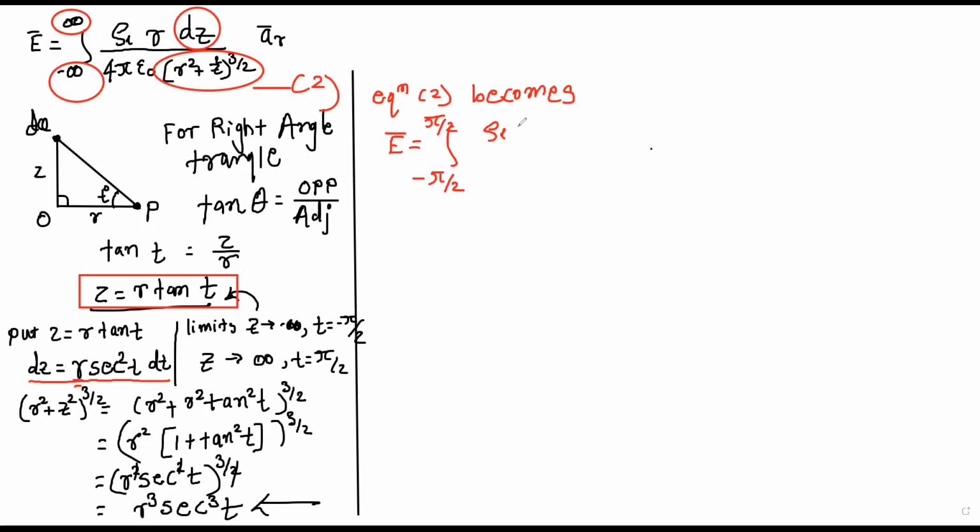So simply what I will write, R square. Then here we have sec square t dt, divided by, of course, this a bar r would be there, divided by 4 pi epsilon naught as it is.